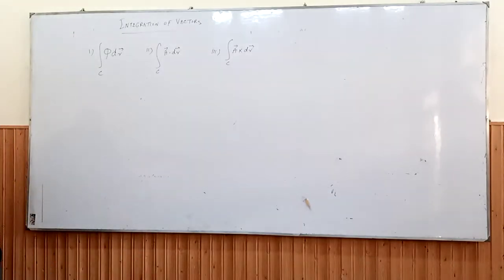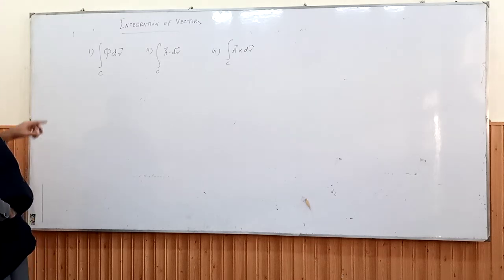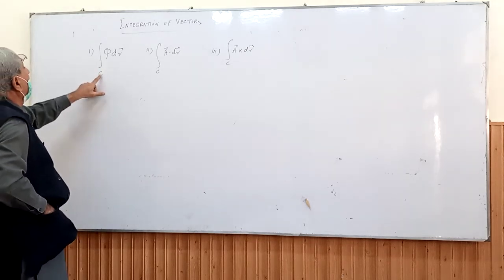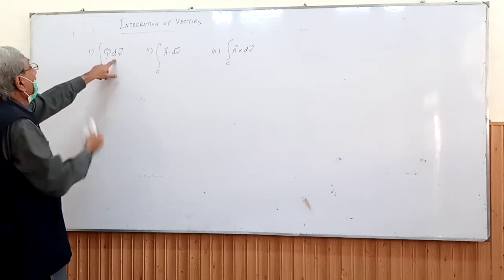You see, unlike differentiation, where you differentiate among the different parts of a quantity, which may be vector or scalar, here in this case a scalar is being integrated over a path, and a small portion of the path is a vector quantity.